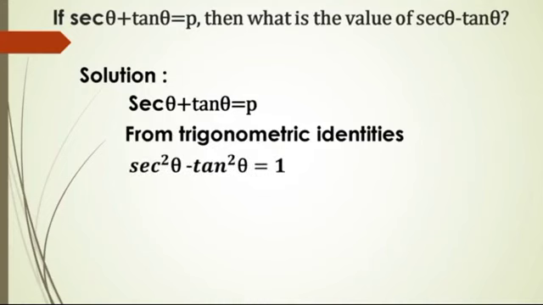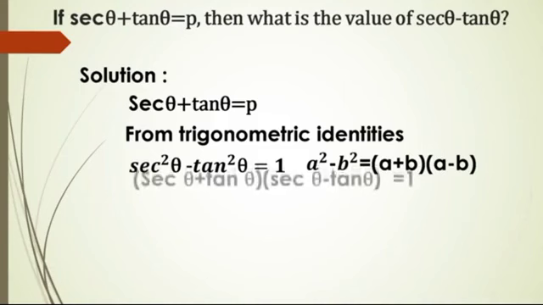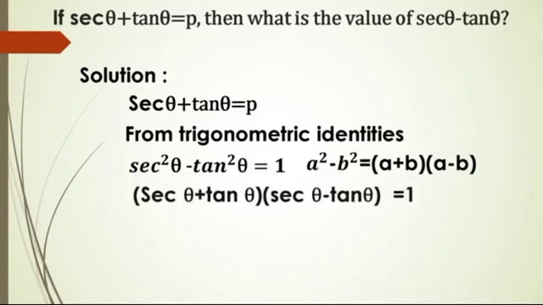It is like a square minus b square is equal to a plus b into a minus b. So, secant theta plus tan theta into secant theta minus tan theta equal to 1.